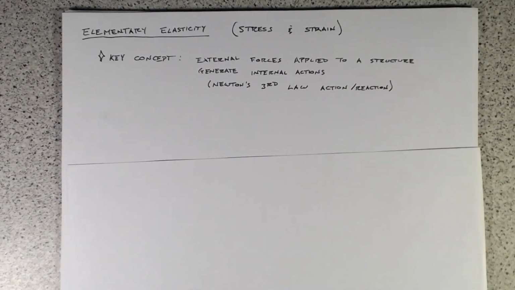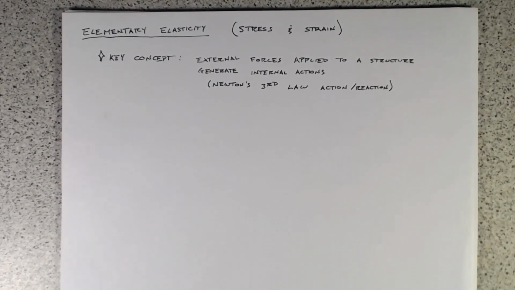But both of these, and elementary elasticity in itself, really comes down to one key concept, and that's that external forces applied to a structure generate internal actions. And we can think of this as Newton's third law of motion. For every action, there's an equal and opposite reaction. And this should make good intuitive sense to you.